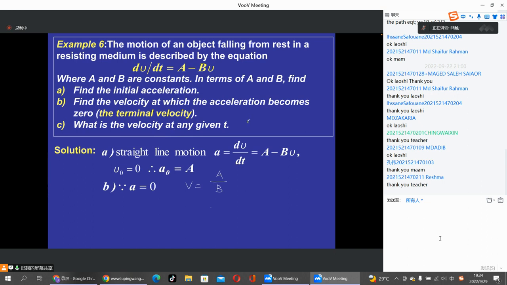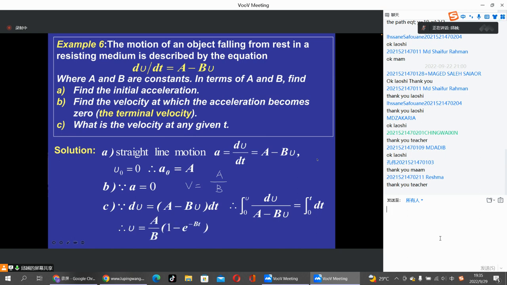Okay, problem C. What is the velocity at any given t? When dv/dt equals a minus bv, we can put dv on one side and dt on the other side. And then we can put every term containing v on one side and every term containing t on the other side.